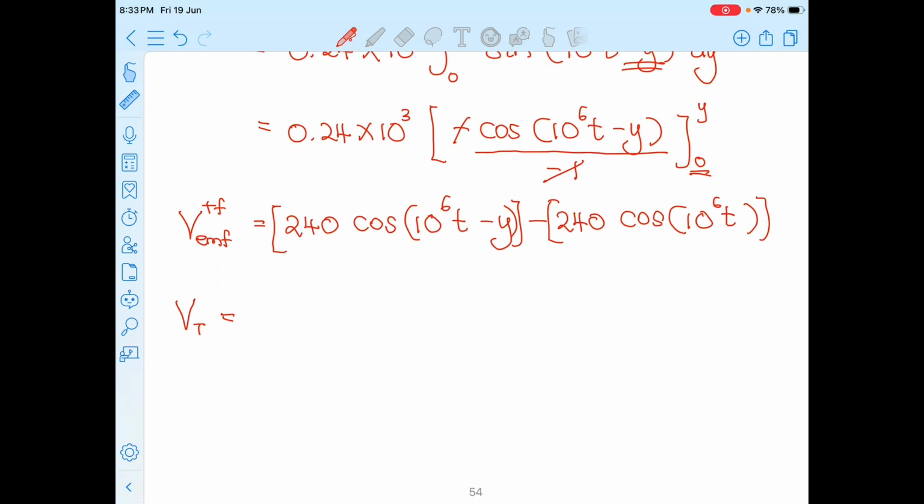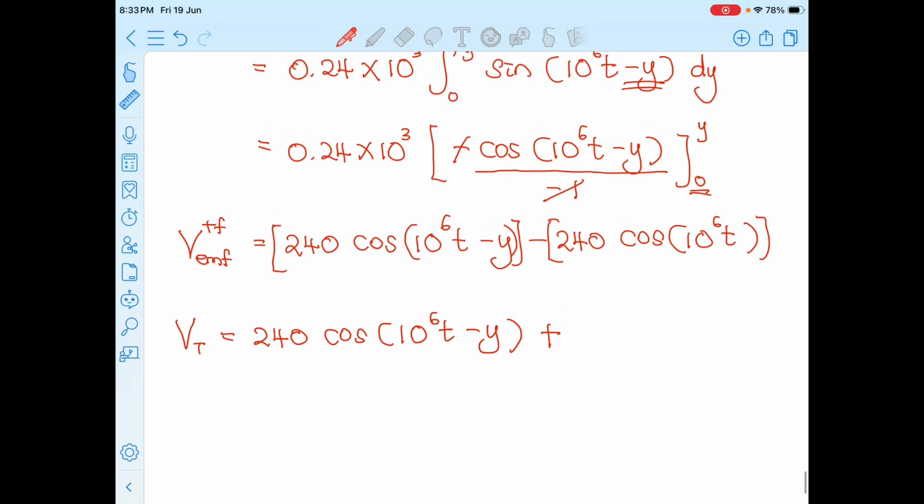So you can write down 240 cos 10 power 6t minus y, wait, it should be minus, minus 240 cos 10 power 6t, and then you plus the 4.8 milli cos 10 power 6t minus y.